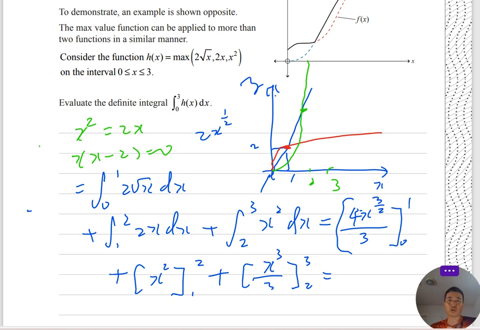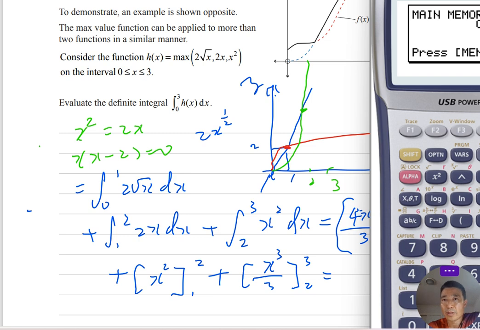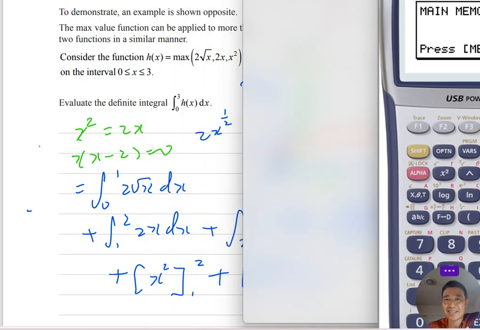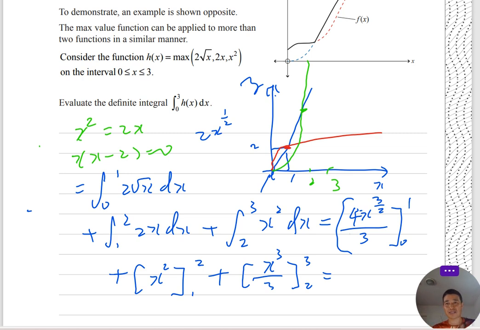Well, you can plug those numbers in and do it manually, but also you can use a calculator. I'll show you how to use the calculator in case you didn't know. I think I'd better just use my own. Let me check.